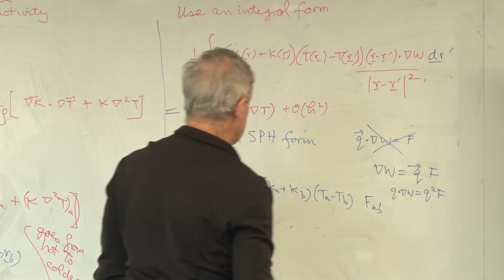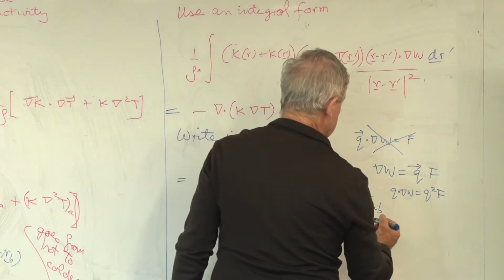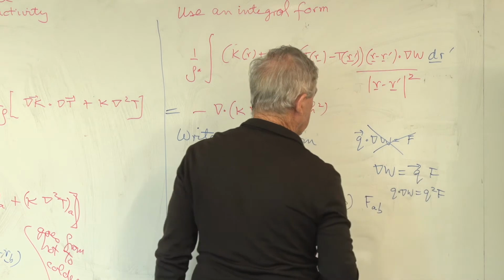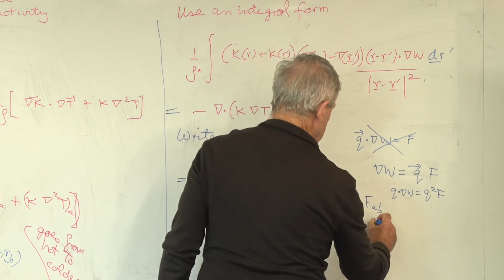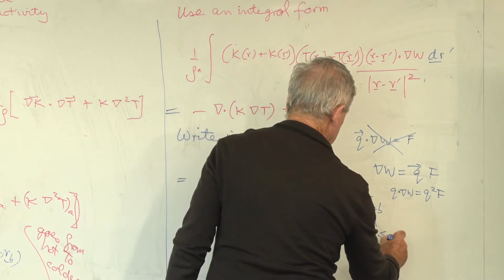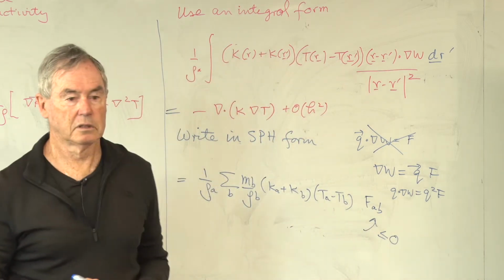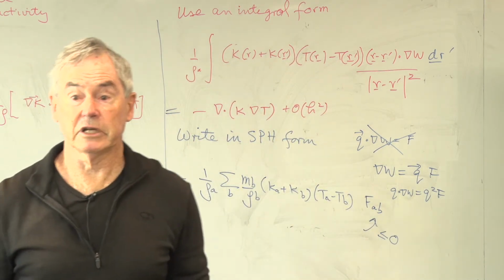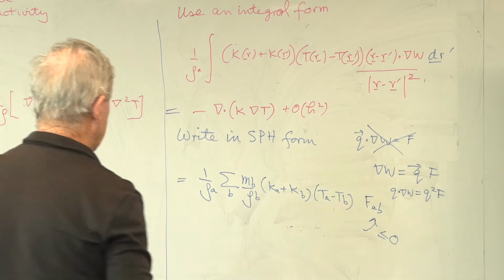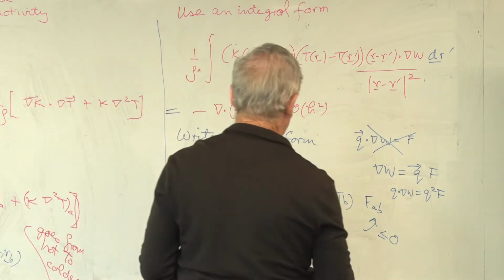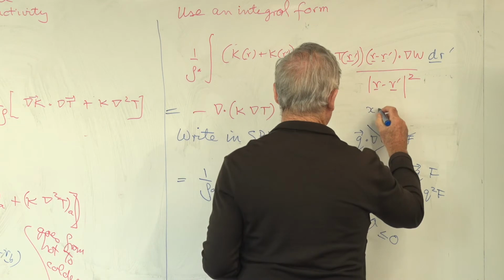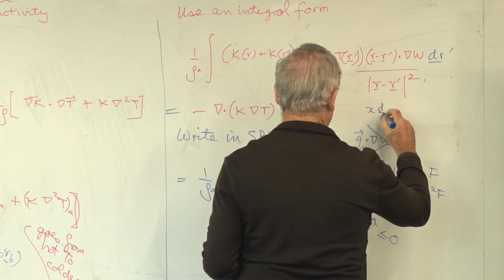Now, FAB is related to the gradient of a kernel like this, and you can easily show that this is less than or equal to naught. Take a Gaussian and differentiate it, for example, x times d dx.